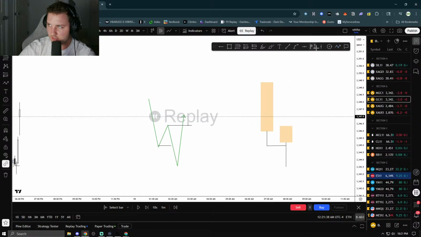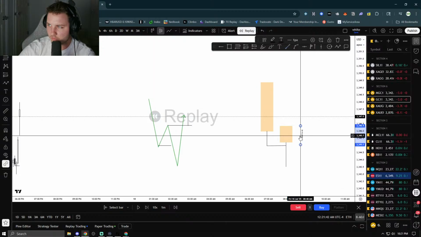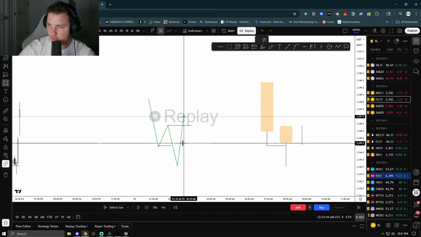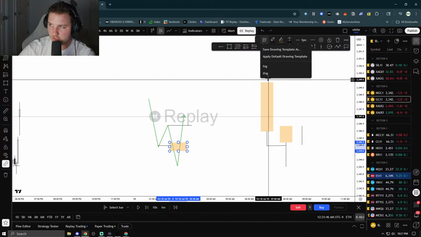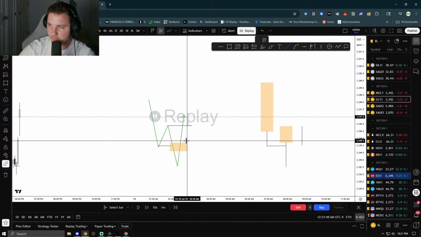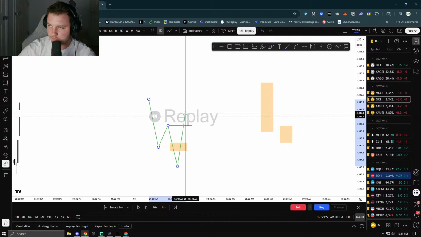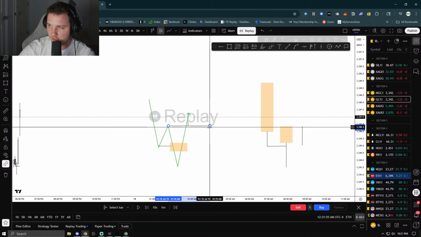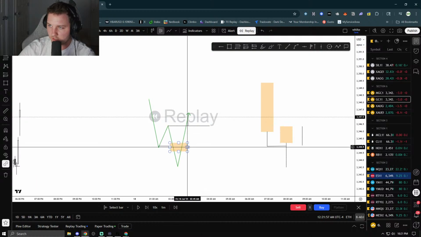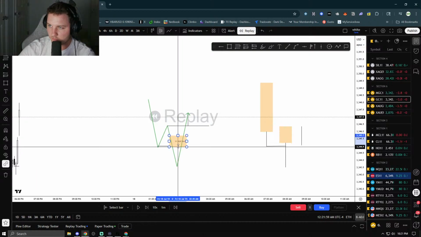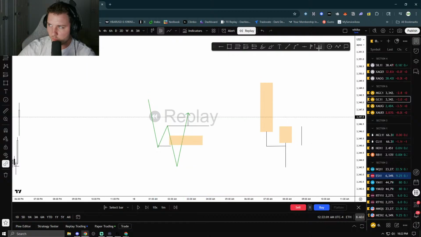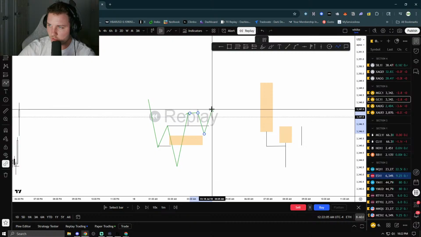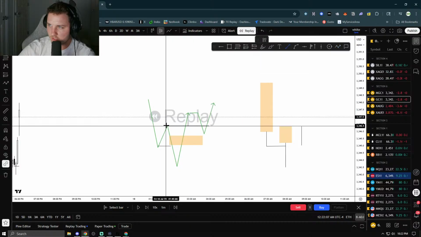You want it to open low. Let's assume an inverse PD array. Let's do something like that. So you have your order block, you have your inverse. We want to open low, CISD.